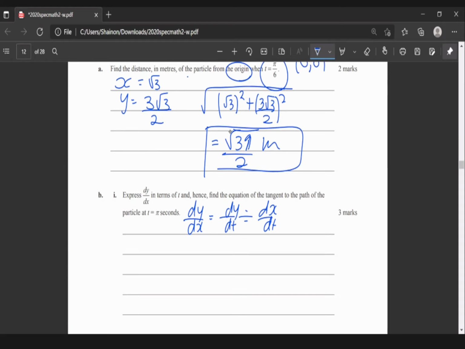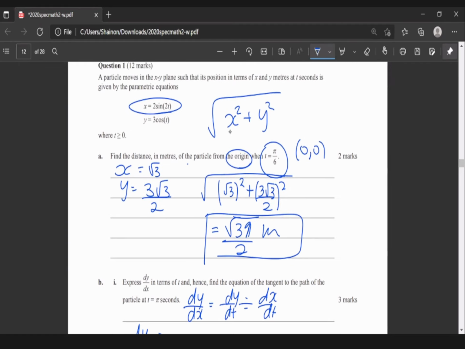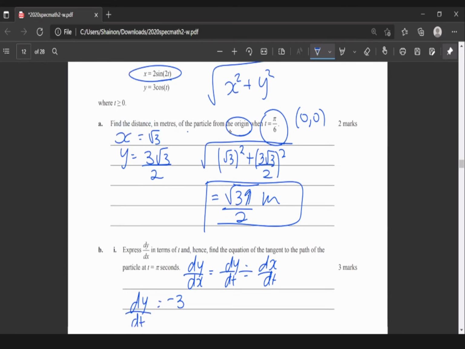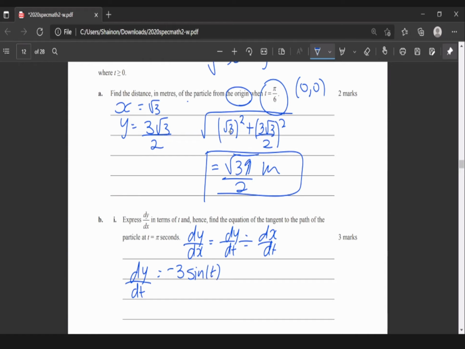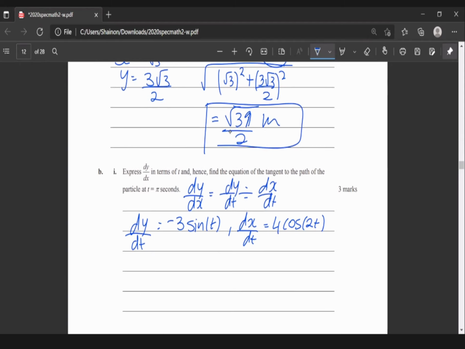And we know that dy/dt is going to be negative 3 sine t, and then dx/dt is 4 cos 2t. So then we make that over each other and we let t equal pi.